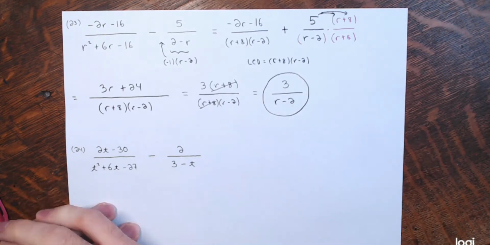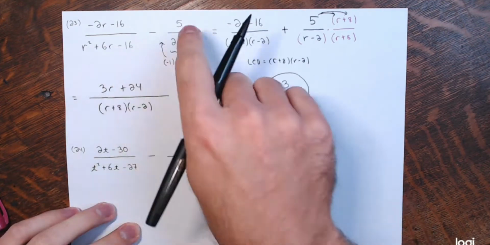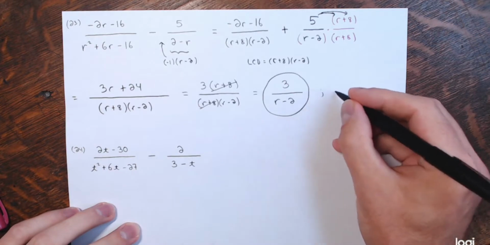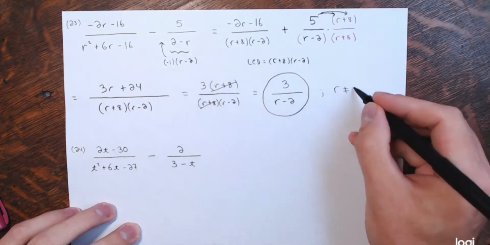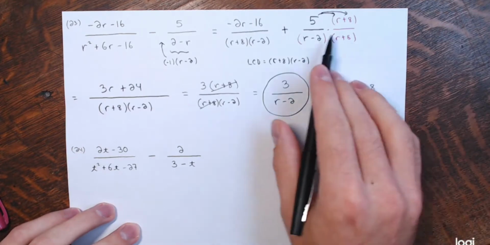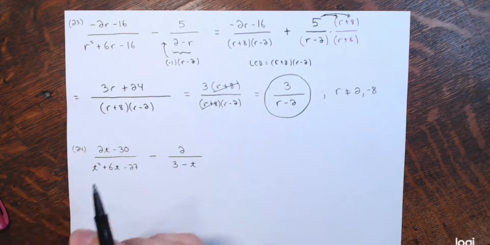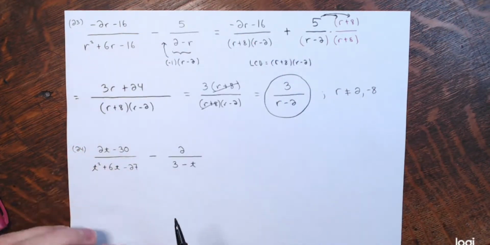So that's it. So this expression will have the same value as the original for any value of r, right, except 2 and negative 8. All right, if you replaced r with 2 or negative 8, you'd be dividing by 0 somewhere, and that's not good. All right, but for any other value of r, those two expressions will be equal.